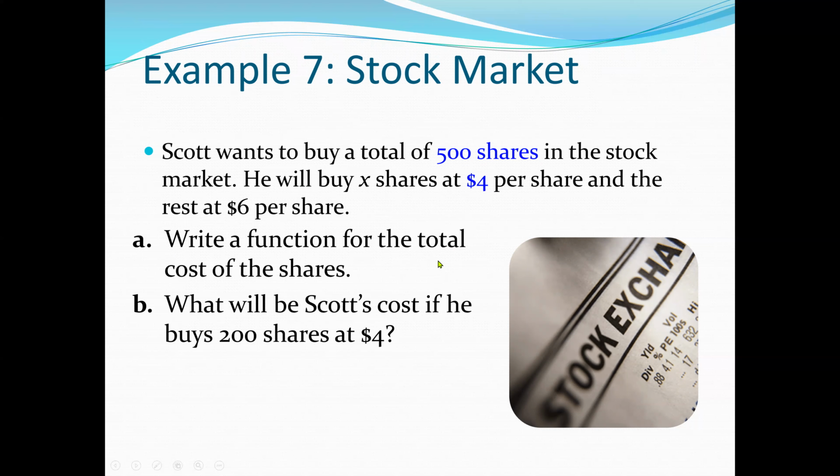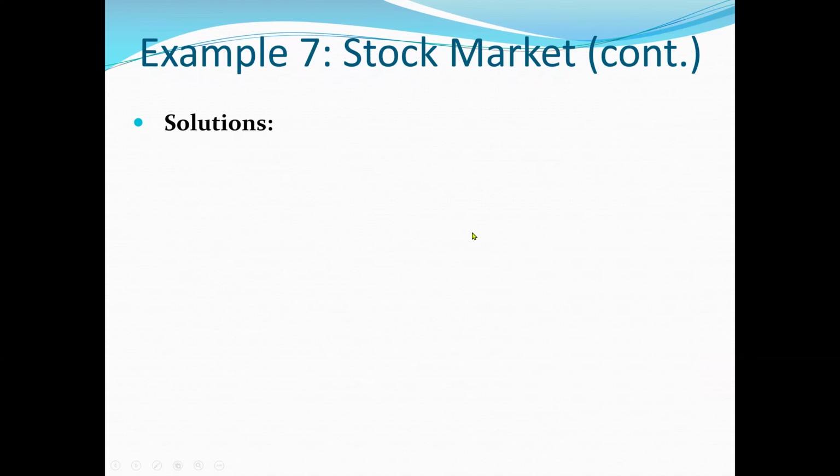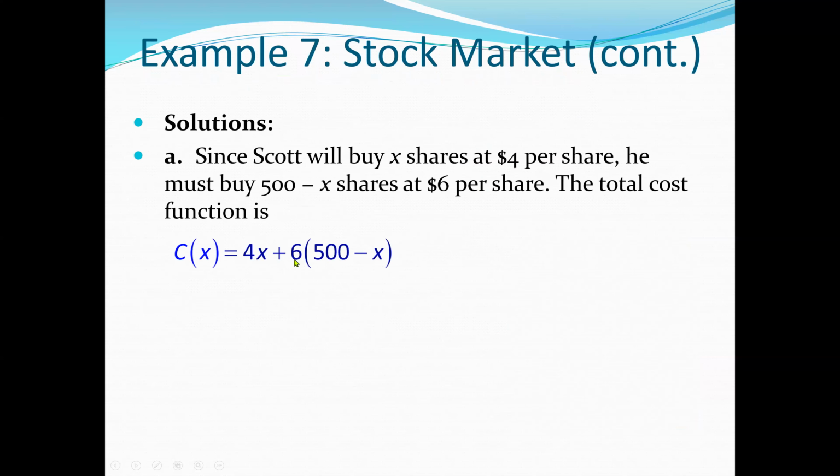So that's why in the cost function we have the first part 4x, and then the rest at $6. He is buying a total of 500. So if you buy 4x first, for $4, then the rest will be 500 minus x, at $6. So if you buy 200 for X, then the $6 ones will be 500 minus 200.